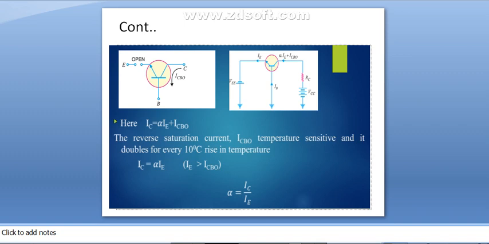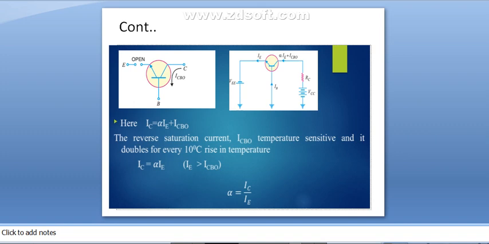Alpha IE is the fraction of emitter current and ICBO is the reverse saturation current, the current between collector and base when emitter is open.